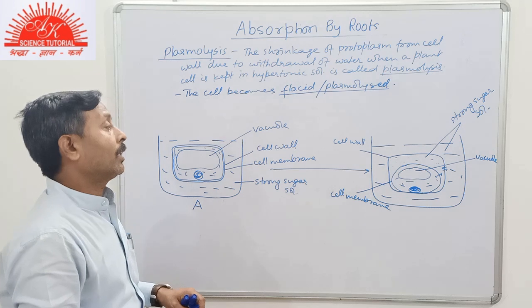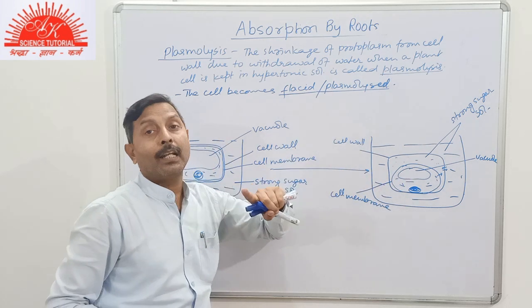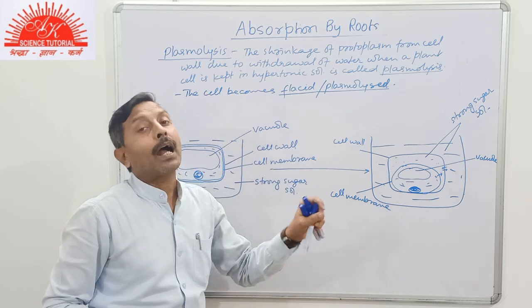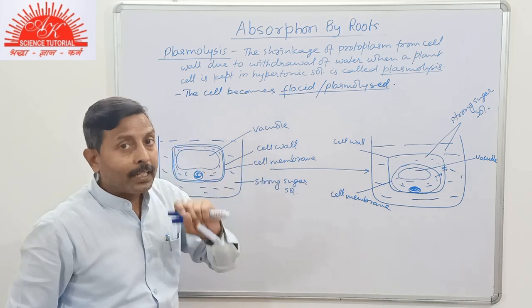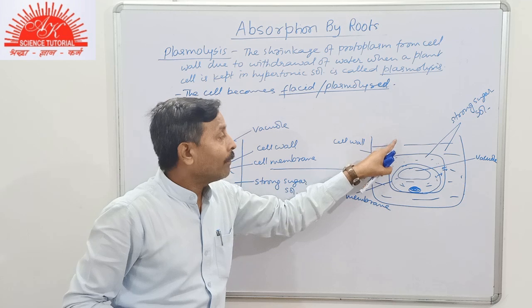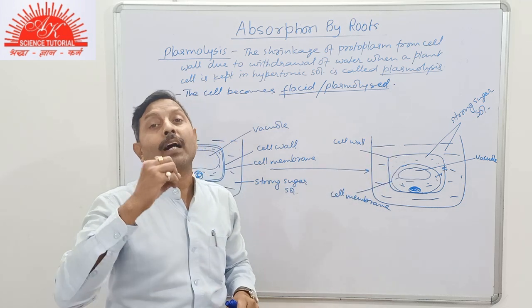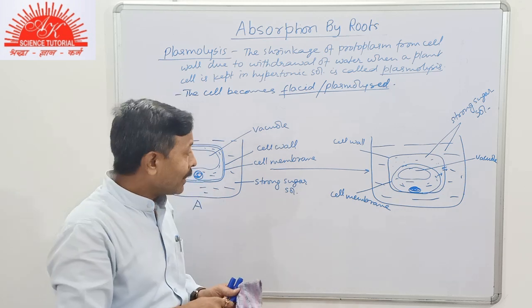But suppose this plasmolyzed cell is placed in pure water, pond water or hypotonic solution. If the cell is living, the protoplasm will absorb water, that is, endosmosis will take place, and it will again become turgid. It will return to its normal shape.